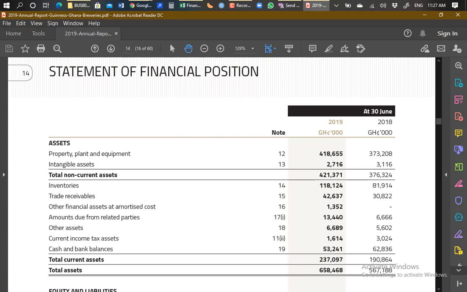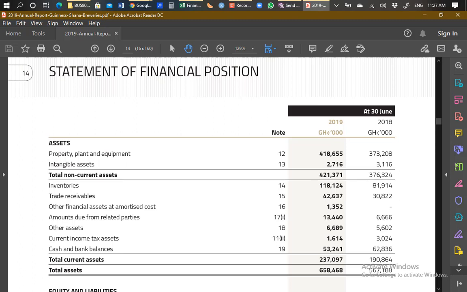Oh, okay, it means they bought more property, plant and equipment in 2019. Intangible assets, maybe it got reduced. And note 13 is explaining why there was a decrease in the intangible assets. Note 13 will also explain the type of intangible assets. So if it was goodwill which was classified as an intangible asset, it will also explain why it has reduced from 3116 to 2716, and so on and so forth.